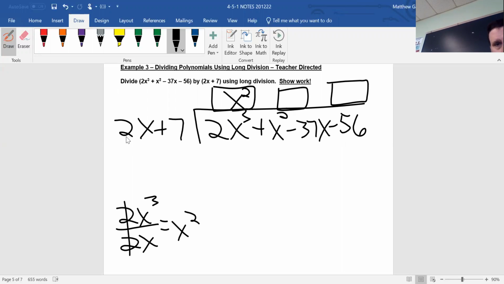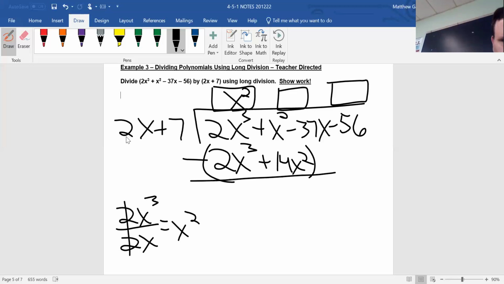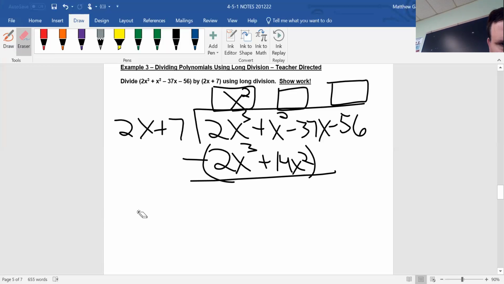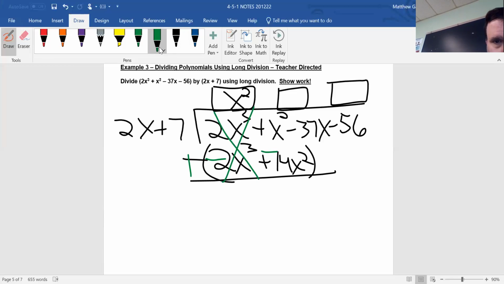Then we multiply x squared by your divisor. We get 2x cubed plus 14x squared. We subtract vertically. So that means we're just going to add the opposite. 2x cubed cancels. 1x squared minus 14x squared is negative 13x squared.